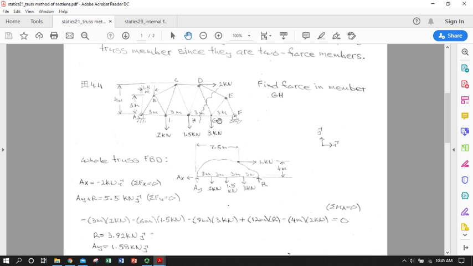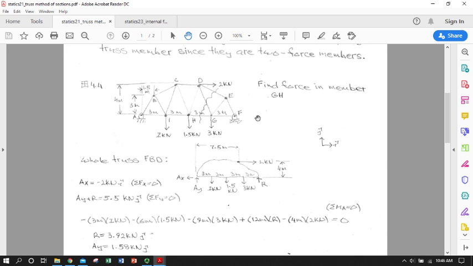There are some efficiencies with how you take your section to reduce the number of equations as much as possible. That's something that I will refer you to a good statics book for, if you have one. I pick up on this in your quiz, but generally, just like method of joints, you will get better with practice, and a lot of things will be obvious as you do it more and more.